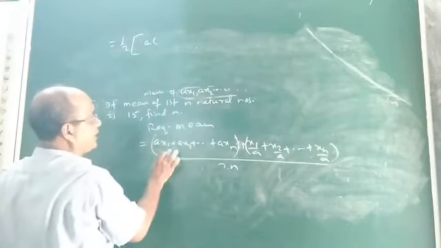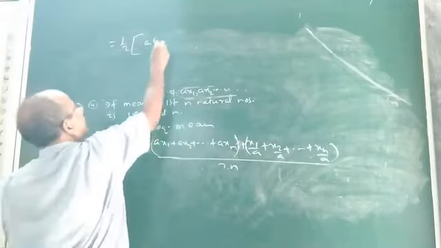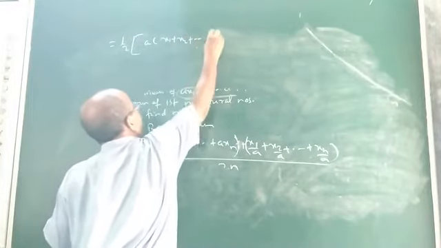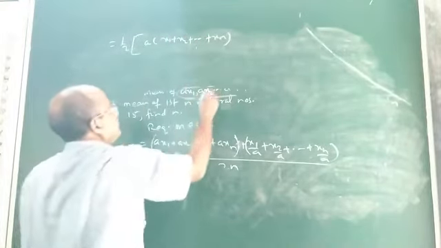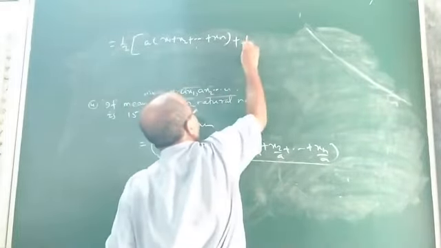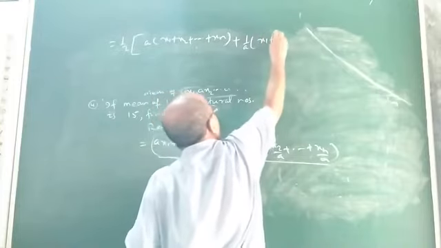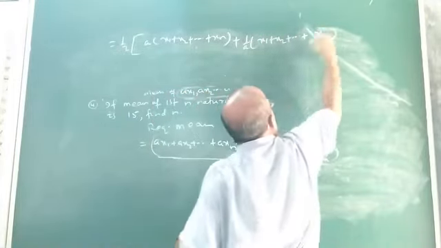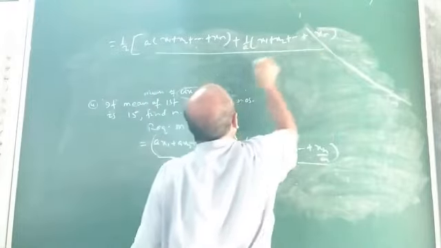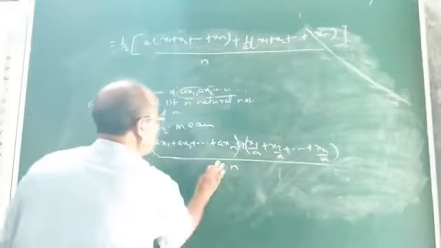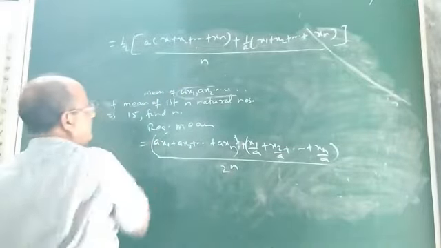If you take common a, it will be x1 plus x2 plus up to xn. Then plus, from this expression you take common 1 by a, so it is x1 plus x2 plus up to xn whole divided by n. Why? Because already 1 by 2 has been taken common here.